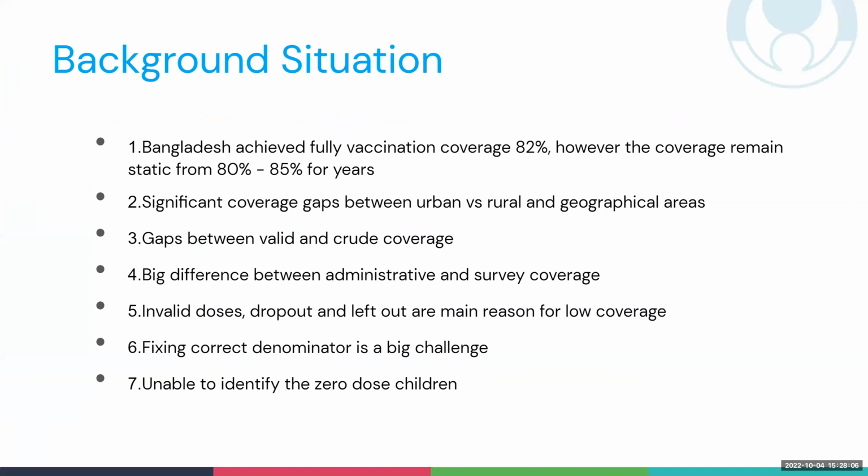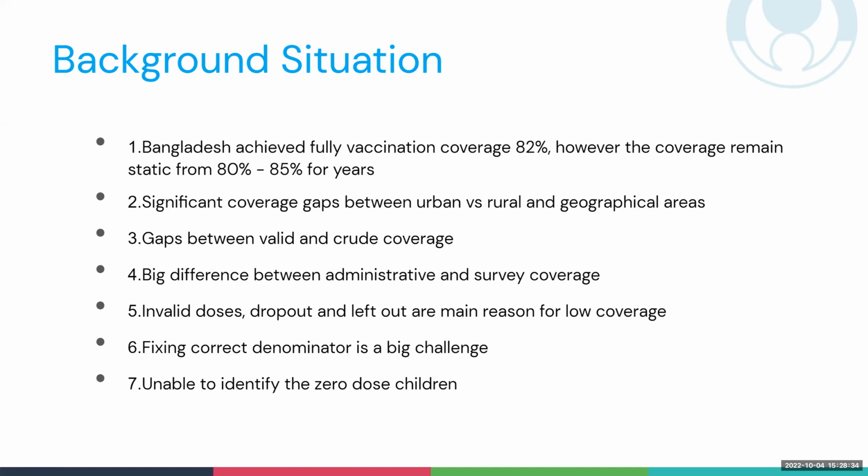Mike, next please. So this is the background on why we felt we needed the DHIS2 tracker. Bangladesh achieved full vaccination coverage of up to 82%. However, for years we observed that the coverage remained static at 80 to 85%. We also observed significant coverage gaps between urban, rural, and other hard to reach areas, in comparison with non-hard to reach areas.